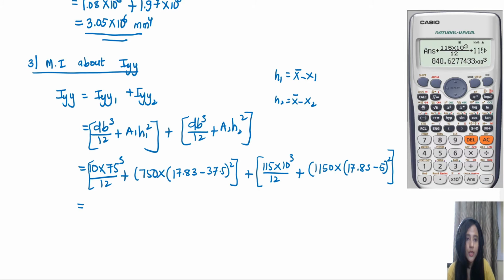So I'm getting total 840.63 into 10 raised to power 3.